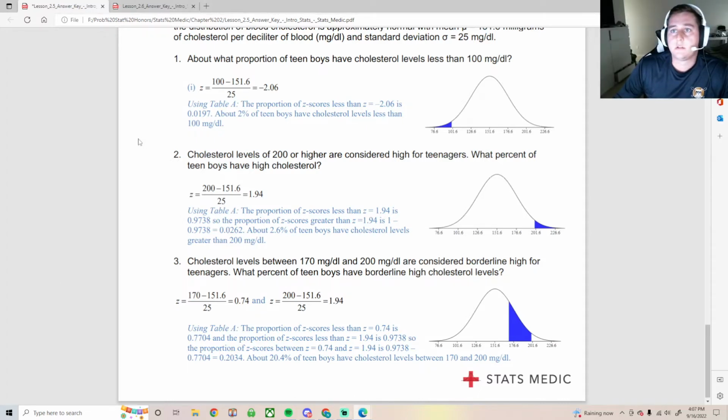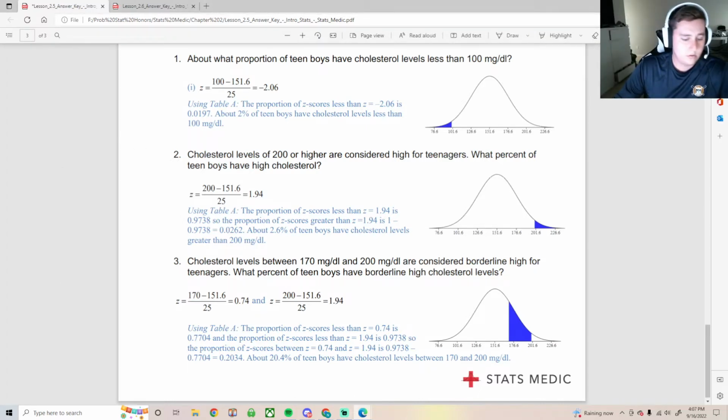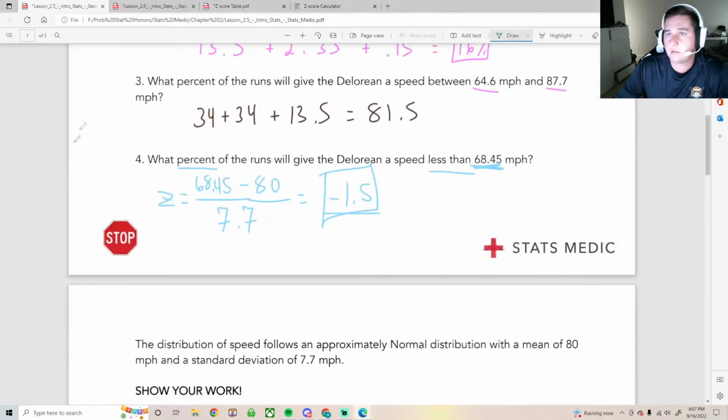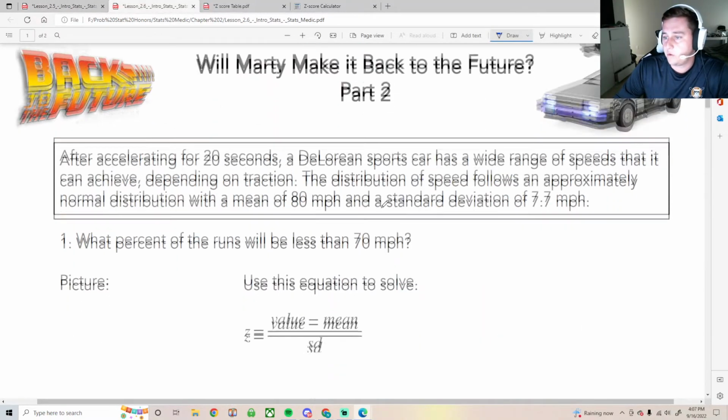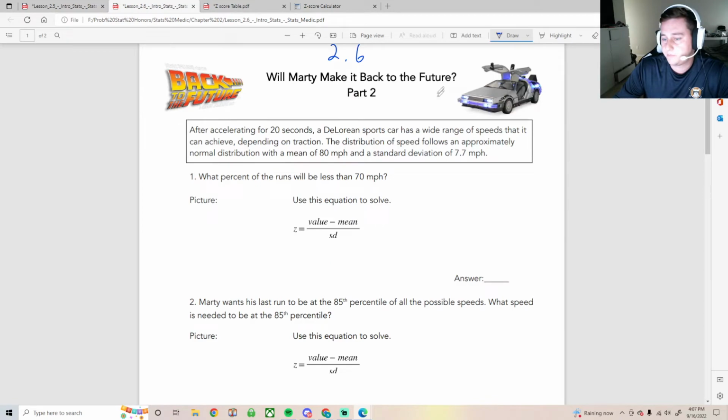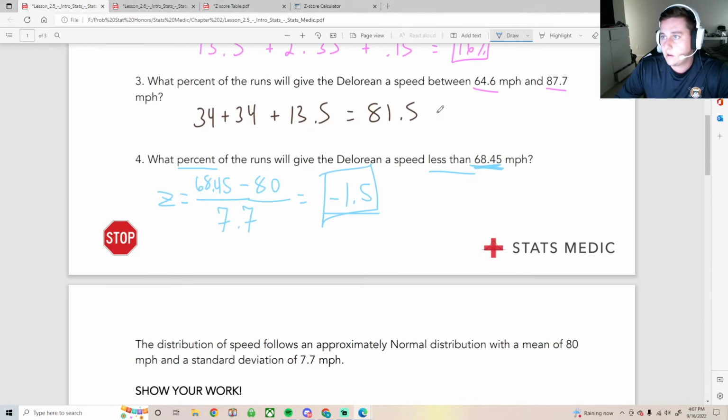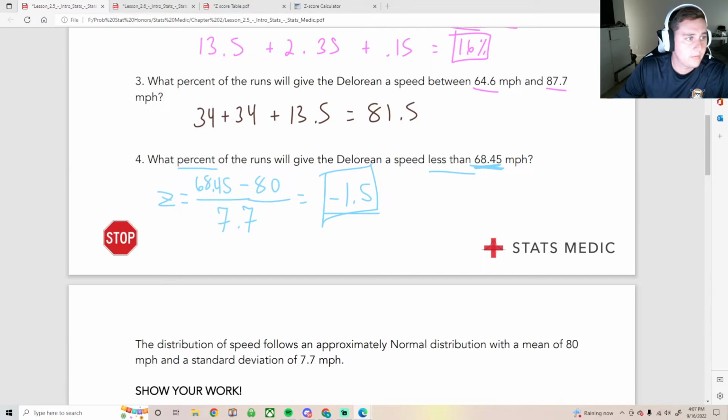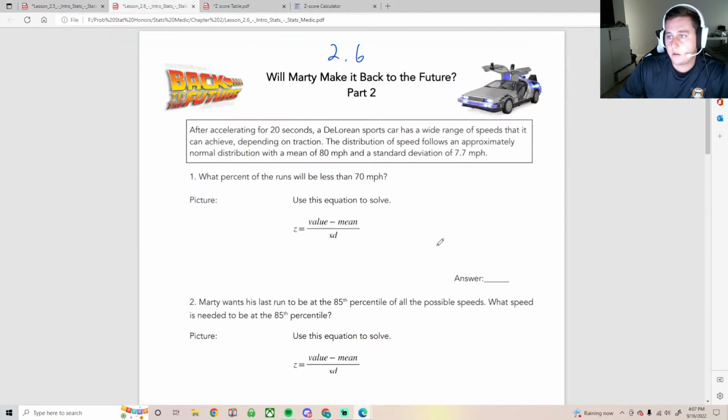All right, so let's move on to 2.6. Will Marty make it back to the future? Okay, so like I said, anytime I'm going to address questions like this, I'm going to draw a little picture.